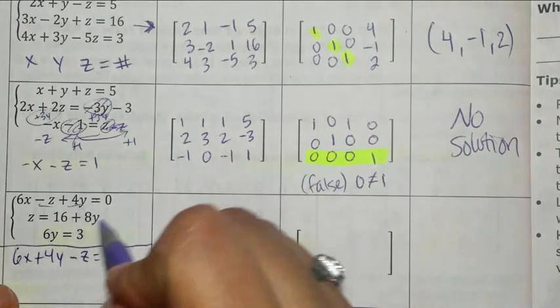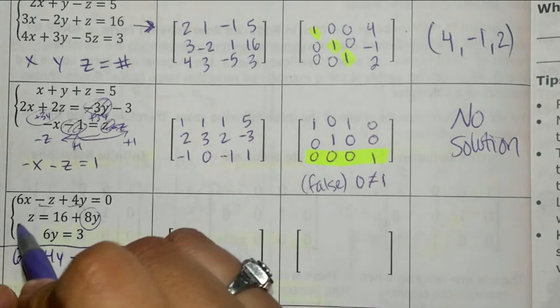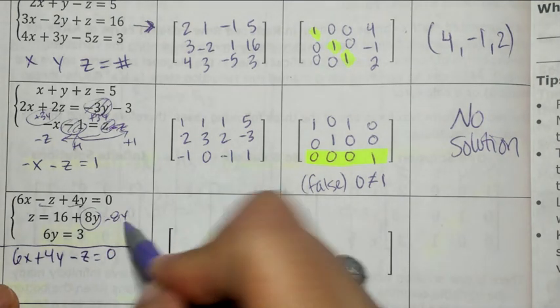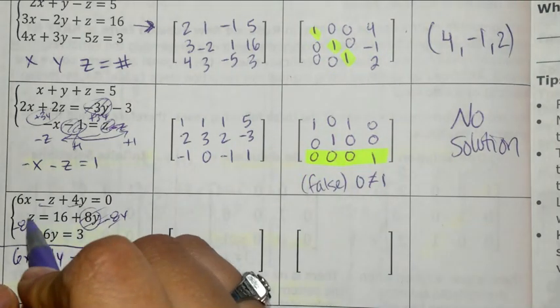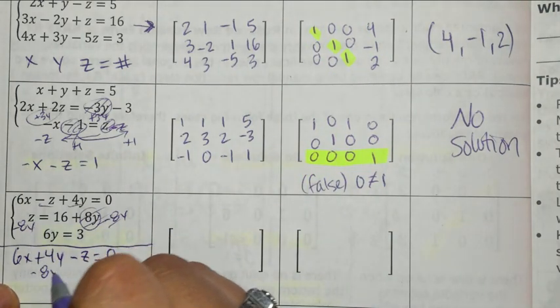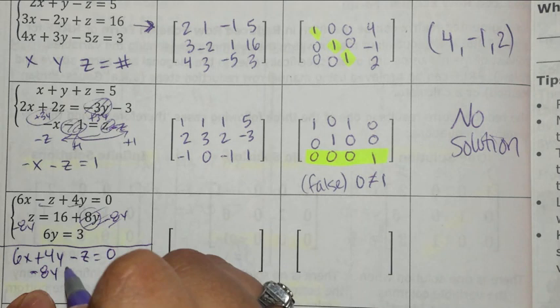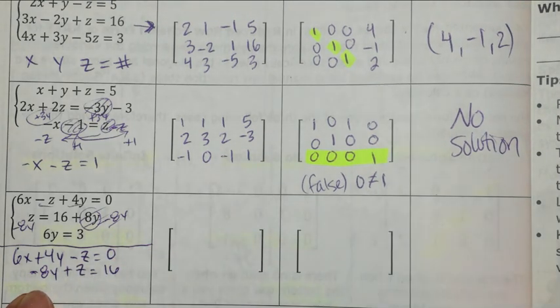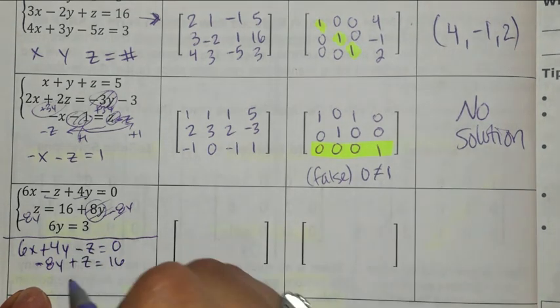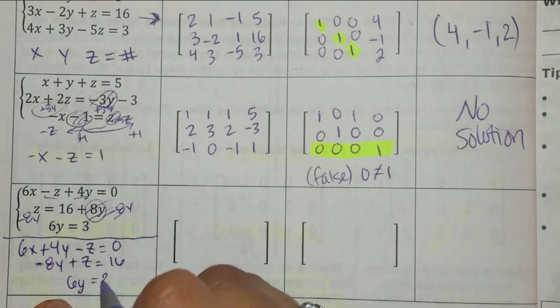The second equation has the y on the right side, should be on the left side, so minus 8y on both sides cancels, and you're left with negative 8y plus z equals 16. And then the last equation is fine the way it is, so I'm just going to copy it down.